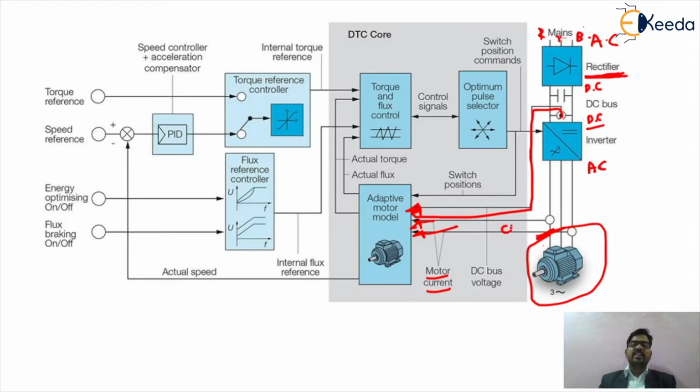By means of that voltage and current quantity, we are using the adaptive motor model control, or we call it the state estimator. From the value of that state estimator, the adaptive motor model control technique, we are getting the reference value for your torque and flux control.